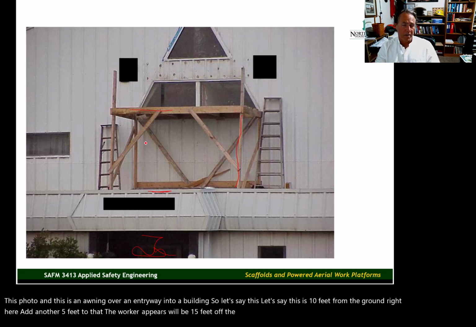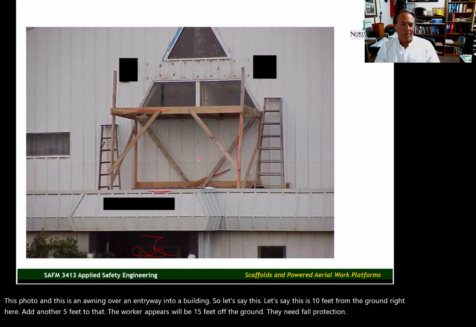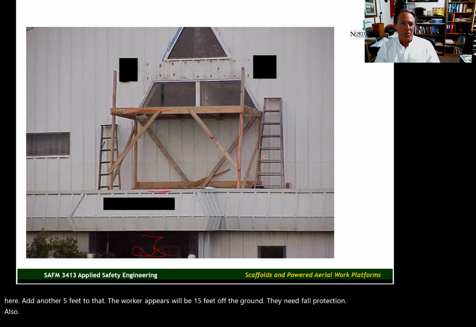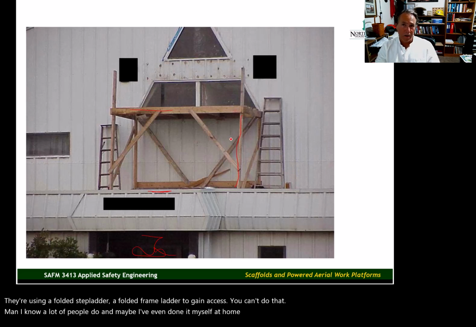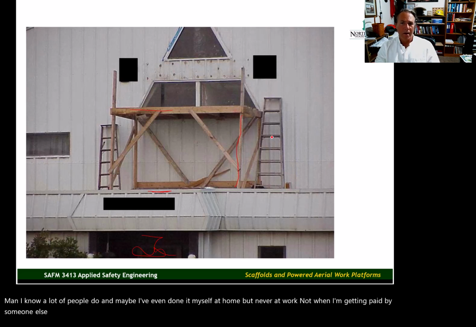They need fall protection. Also, they're using a folded step ladder, a folded A-frame ladder to gain access. Can't do that. Man, I know a lot of people do, and maybe I've even done it myself at home, but never at work. Not when I'm getting paid by someone else, because it's illegal.